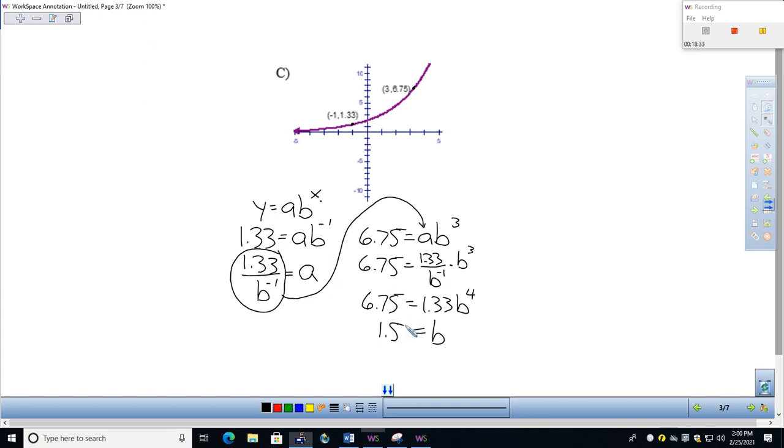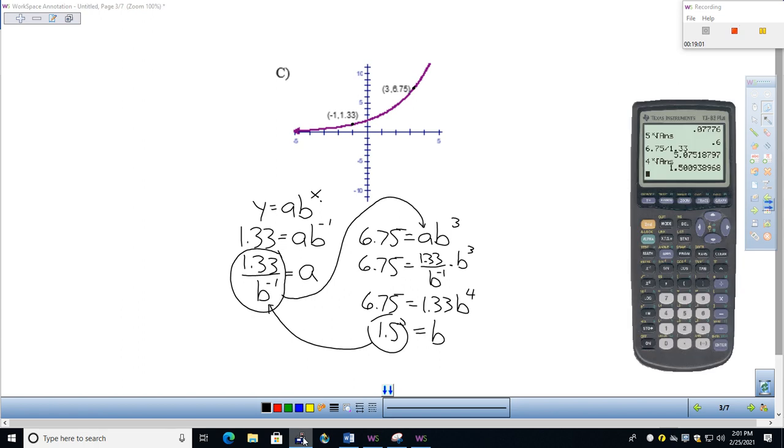So I'm going to take that 1.5 and I'm going to put it right in there. Seems like a good spot for it. And when I do, you see that'll solve for a? So one more time, 1.33 divided by 1.5 raised to the negative first. And again, this is meant to be 2, by the way.